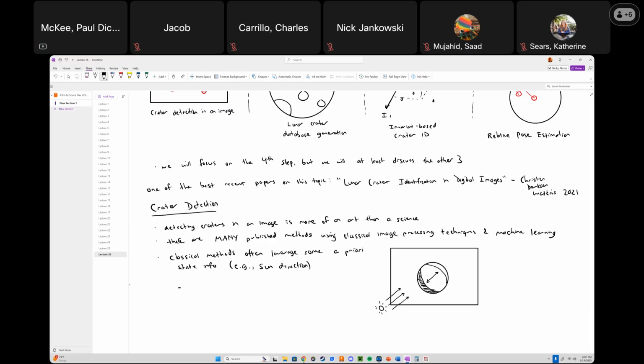So a classical image processing technique would work like this: each crater has a shadow region and an equal and opposite bright region.